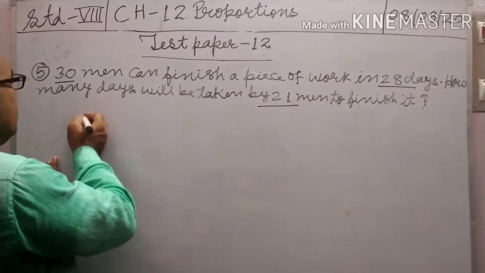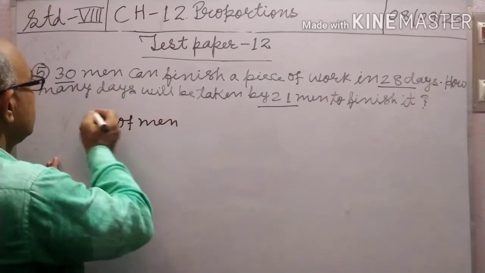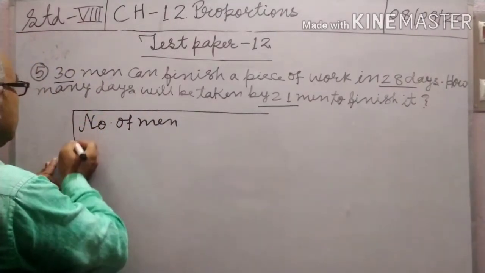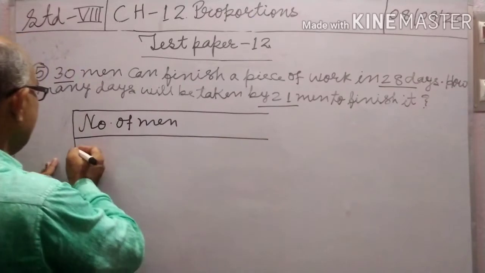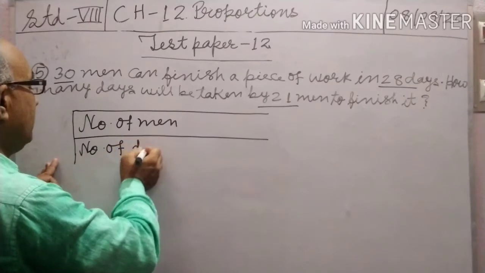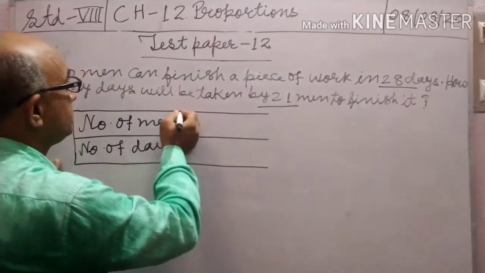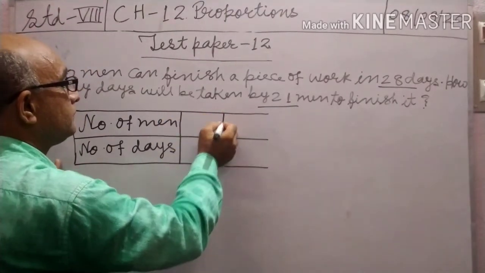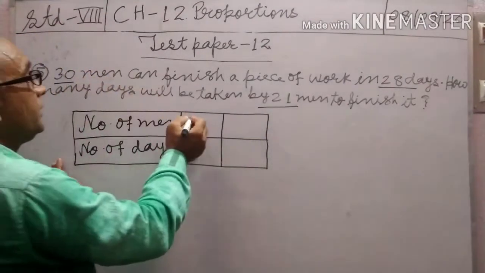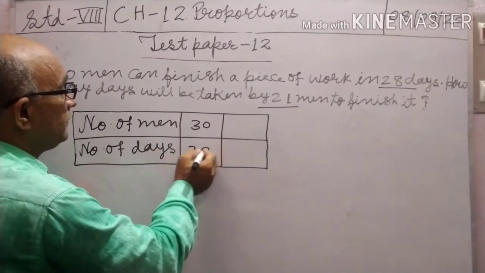In the first column write number of men, and in the second column write number of days. 30 men can finish the work in 28 days.